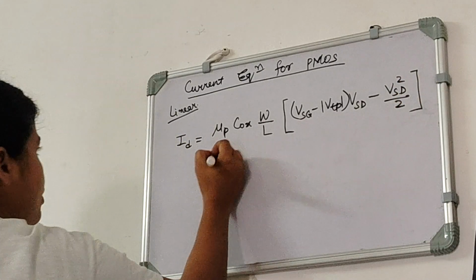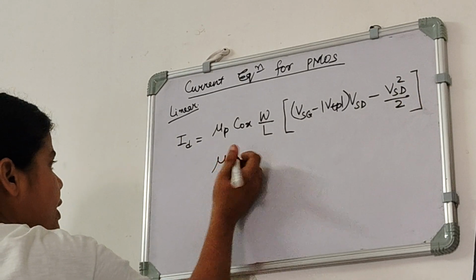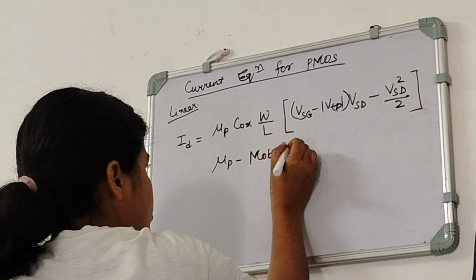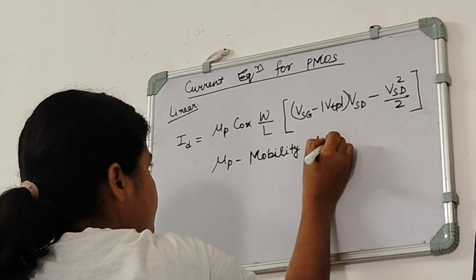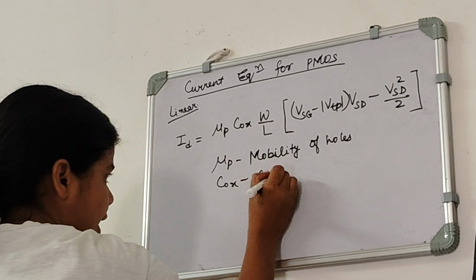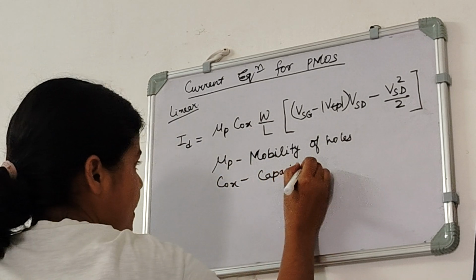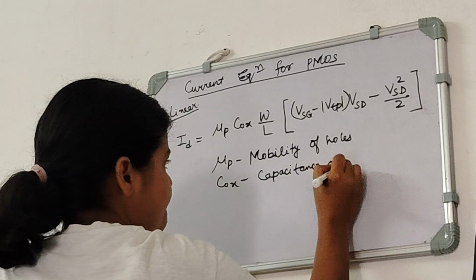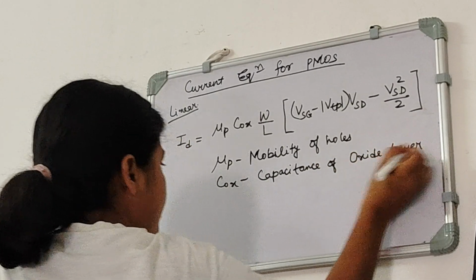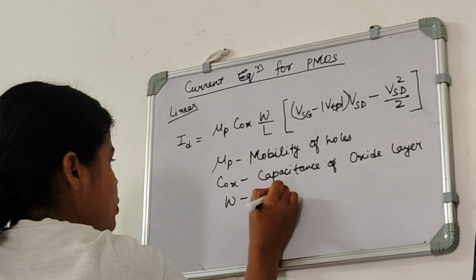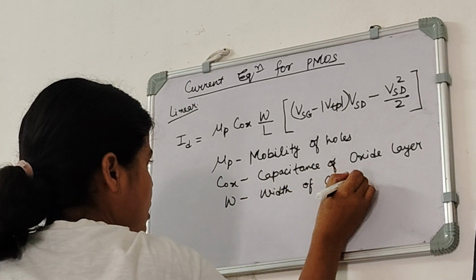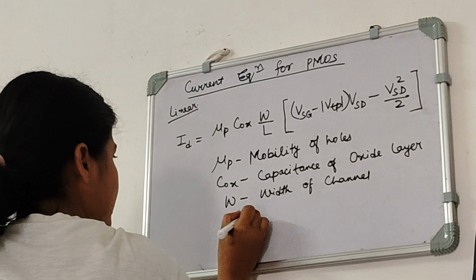Here mu p is the mobility of holes, because in PMOS our charge carriers are holes, so we are taking the mobility of holes. COX is the capacitance of the oxide layer. W is the width of the channel. L is the length of the channel.